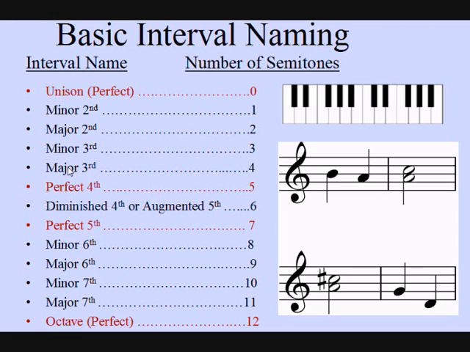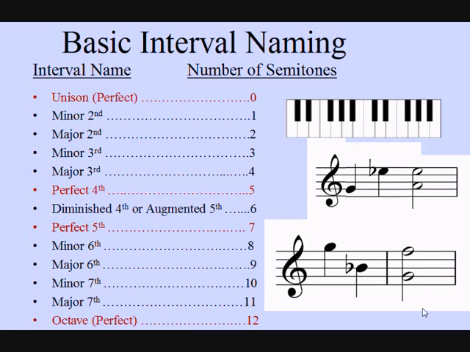The reason why it's necessary to also do the staff count is because later we're going to see more complicated cases in which the number of the interval doesn't actually match the number of semitones. Therefore, we have to give them a different name. We'll see that later when we see more complex interval naming.